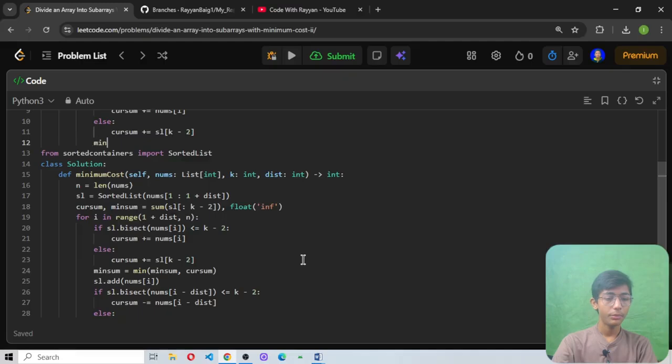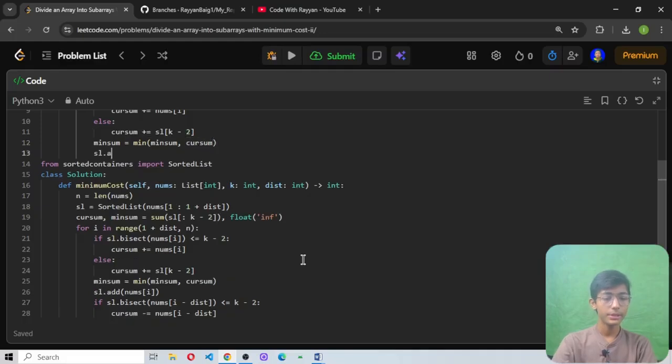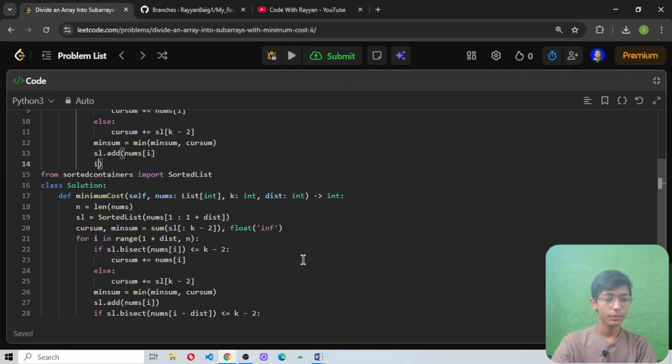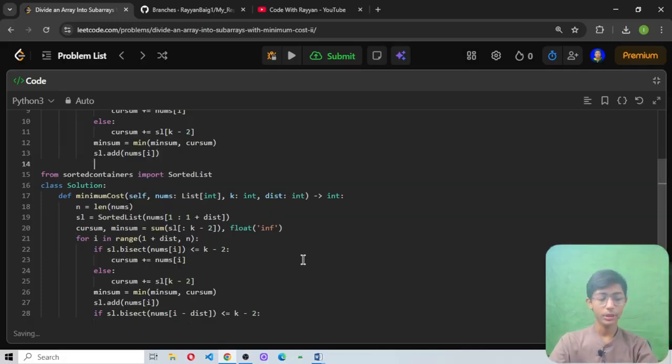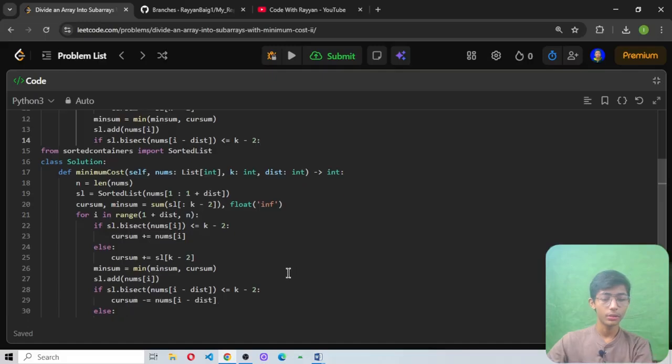We define minSum equals to min(minSum, curSum). Perfect. Then sl.add(nums[i]). Here I'm writing if sl.bisect(nums[i minus dist]) is less than or equal to k minus 2.